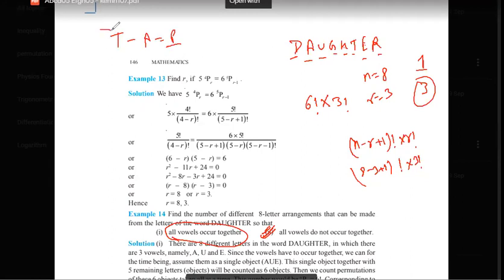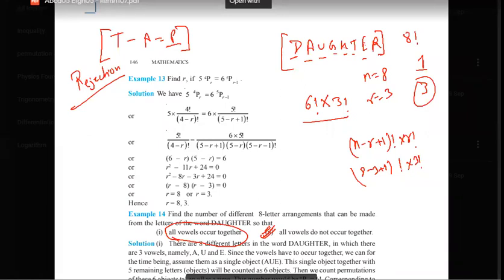Yes or no? This is called the rule of rejection, right? Now think about this. The number of ways in which all vowels are together is this. And the total number of ways in which this can be arranged is how much? 8 factorial, yes or no? Now I'm just giving an example, right?